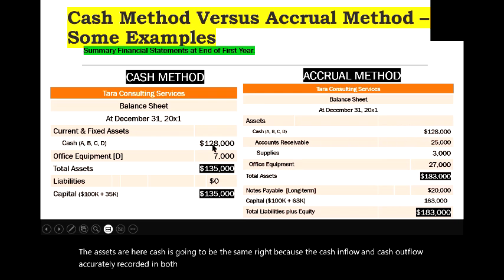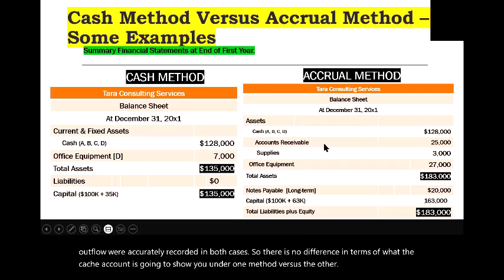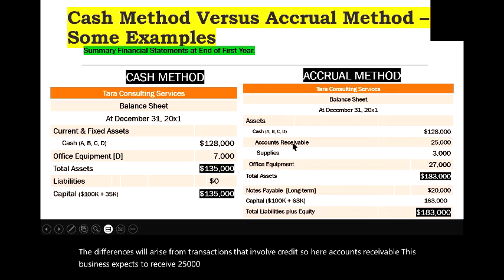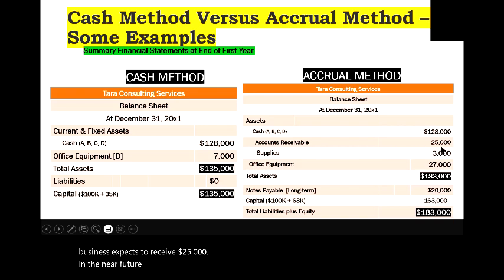So there is no difference in terms of what the cash account is going to show you under one method versus the other. The differences will arise from transactions that involve credit. So here, accounts receivable. This business actually expects to receive $25,000 in the near future, if all goes well.